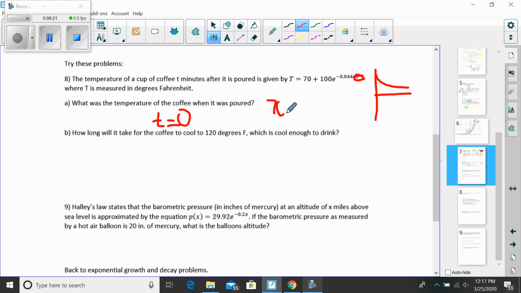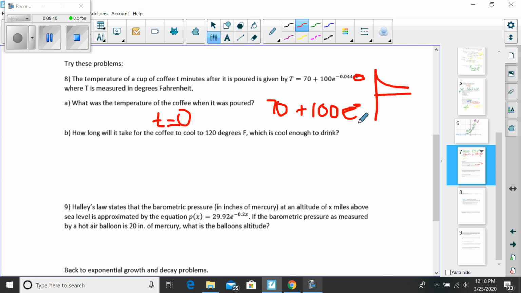So ultimately I get this. And I better follow order of operations. Even my Calc 2 students who are supposed to be so advanced still do silly things like add these first and then do the exponent and multiply. Order of operations says exponents first, then multiply, then add.